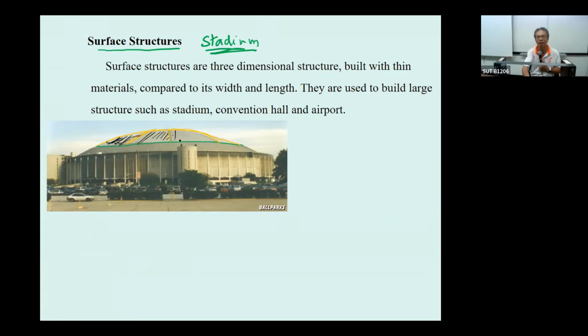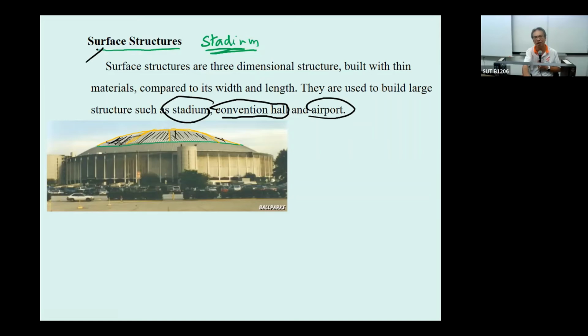The load is going to transfer through the material in different kinds of directions. That's for the stadium. That's for a big convention hall. That's for the airport.